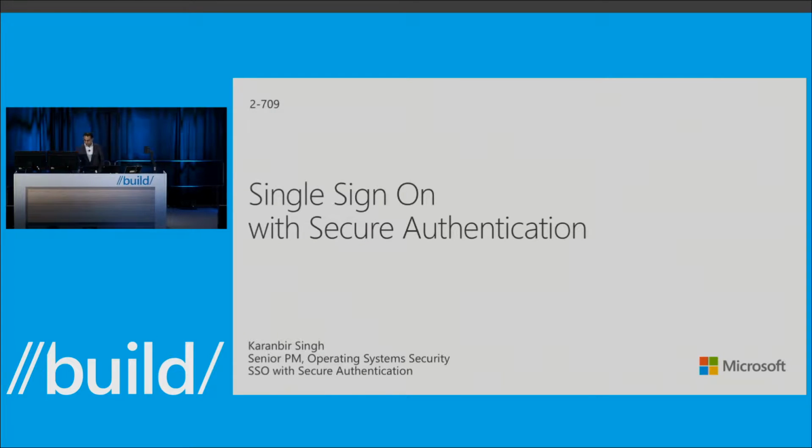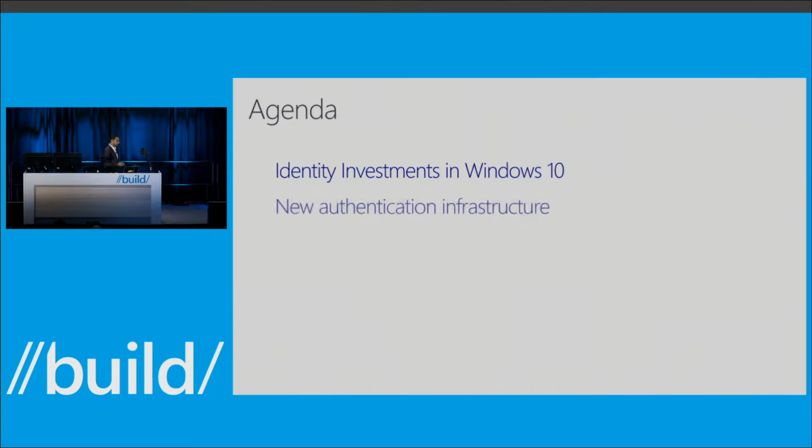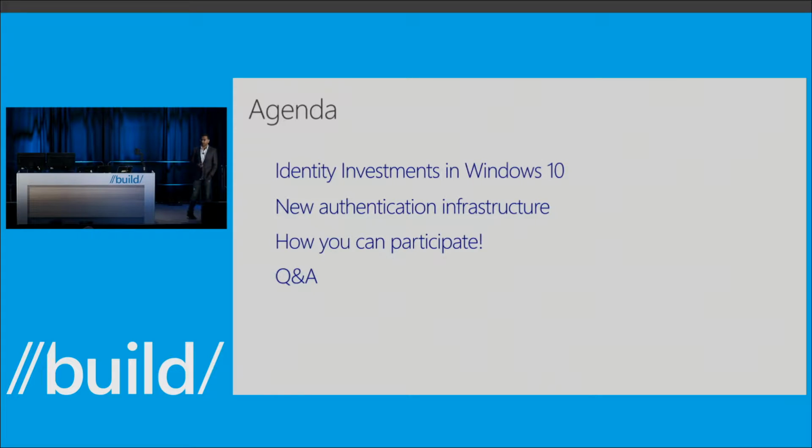So what I want to focus on over the next 45 minutes or so is to talk to you about some of the improvements we've made in Windows 10, specifically around the authentication platform, and then deep dive and give you an insight into the specific authentication features that are new in the platform, the infrastructure, the APIs you can use in your apps, the APIs you can use in your apps to provide services to other apps, such that we are able to deliver those curated experiences that our users have grown to expect and will love once we deliver them.